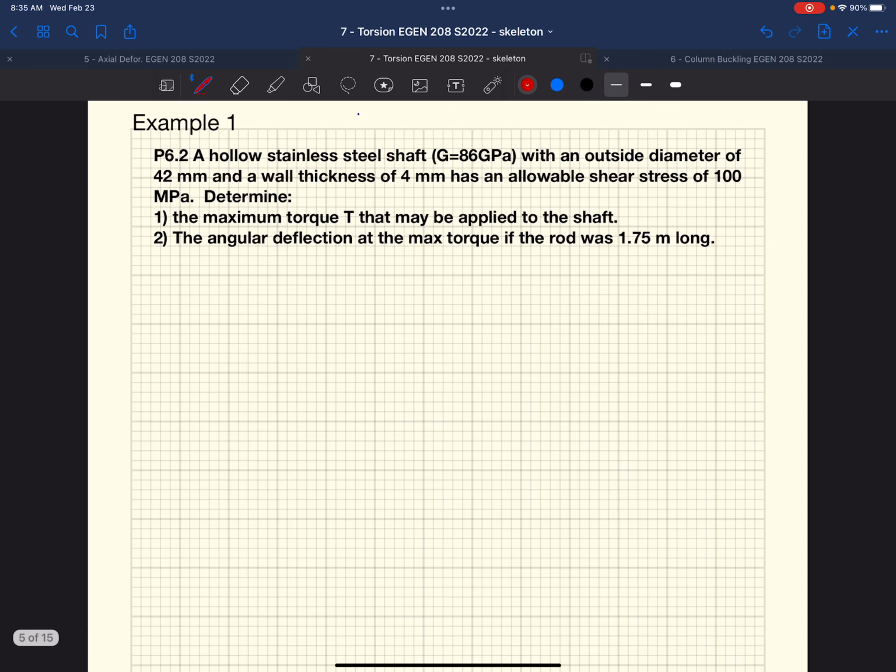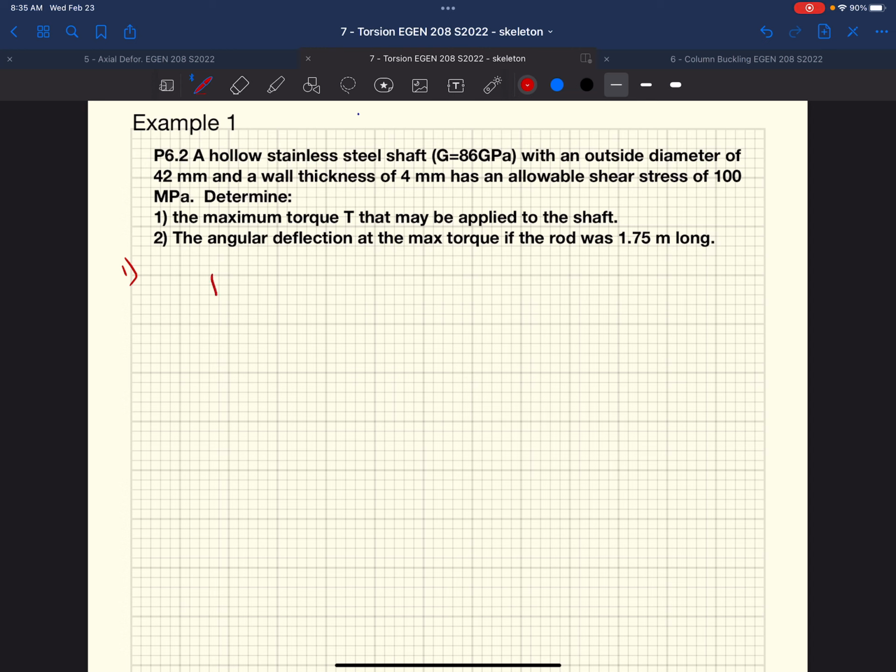Well, if we start by looking at our maximum torque, or better yet, start out with the equations that we know, right? The equations that we know for torsion are the equation that relates shear stress to torque.